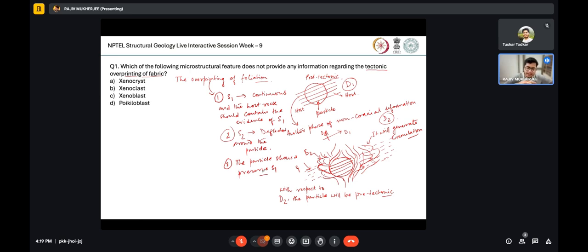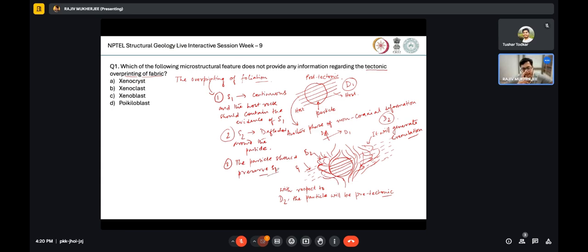So if the initial foliations are erased, or even if they don't exist, then it is hard to determine whether there is an overprinting relation already existing or not. So that is why this point is very important, so that the particle should have a preservation of some sort of foliation, right?